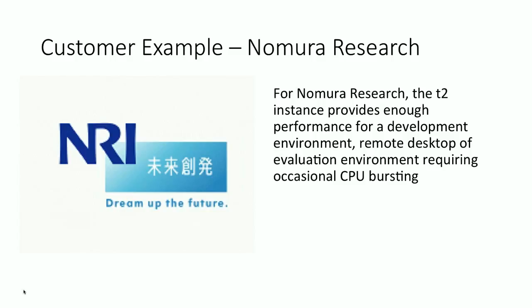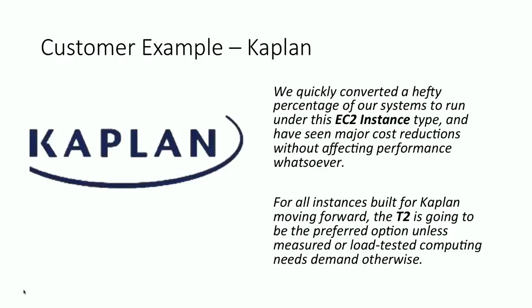Taking one step further, we have a customer called Kaplan. Kaplan were an interesting use case because they implemented a lot of their applications on the AWS platform using EC2 instance types before T2 was available. They moved a large portion of their data center to AWS. When we released the T2 instance type, they identified that a lot of their application workloads were very suited to it.